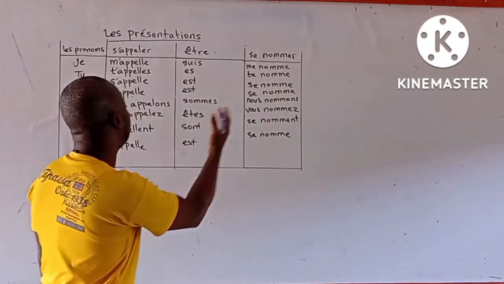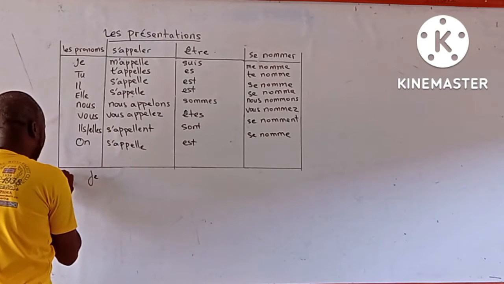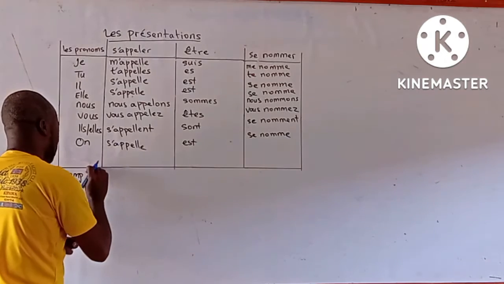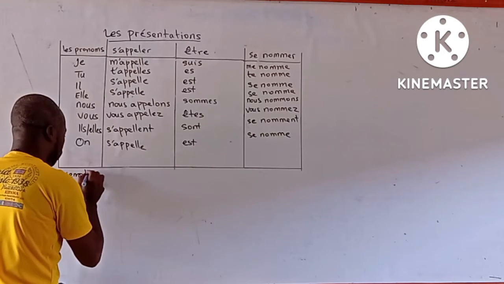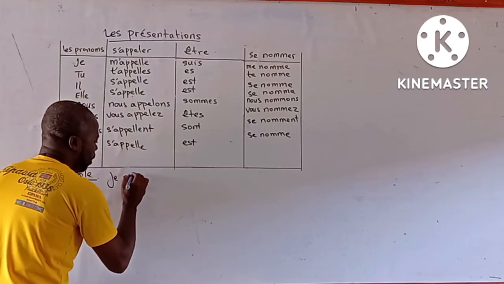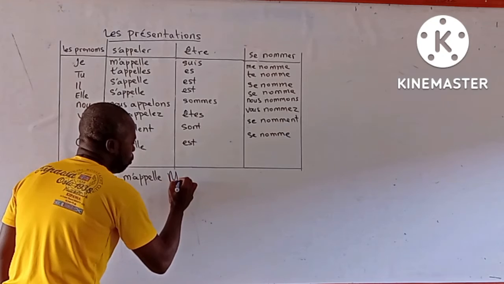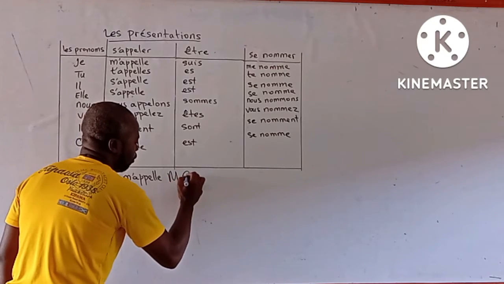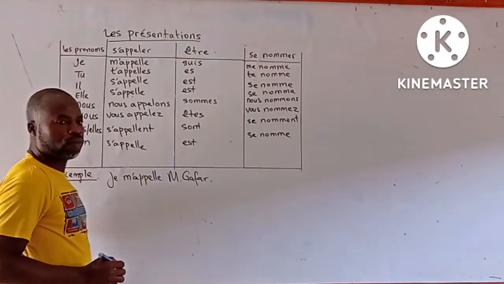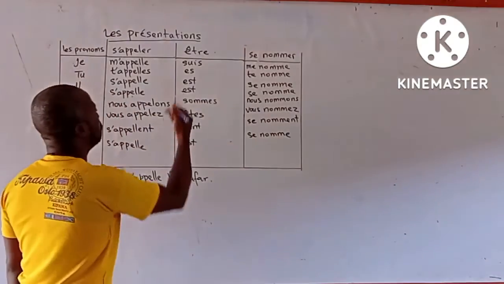Alors, I choose here, je m'appelle, exemple, je m'appelle Monsieur Gaffaro. I want to talk about another person. I can use this one.